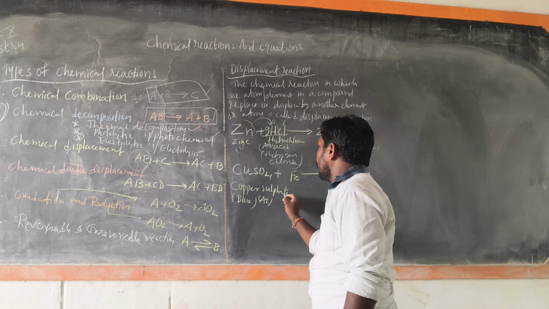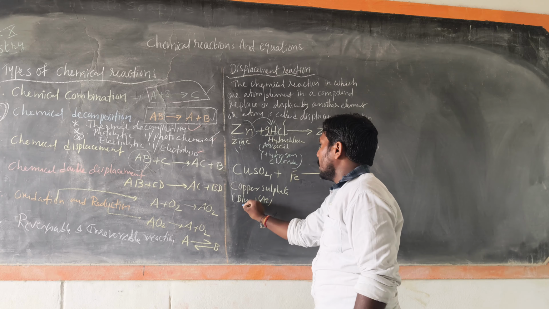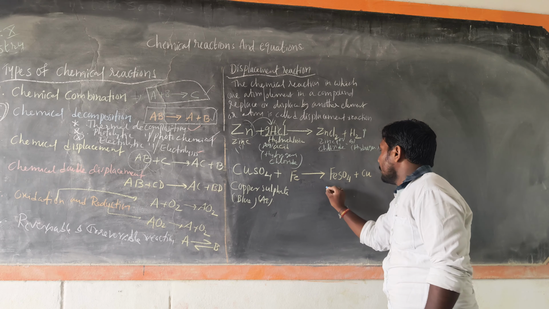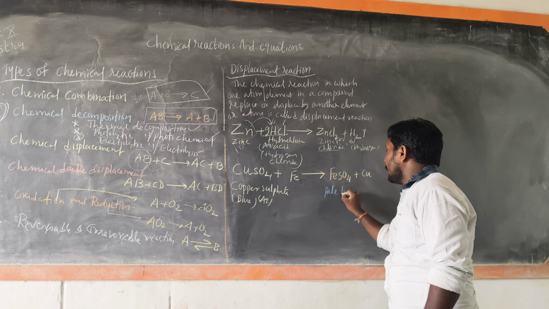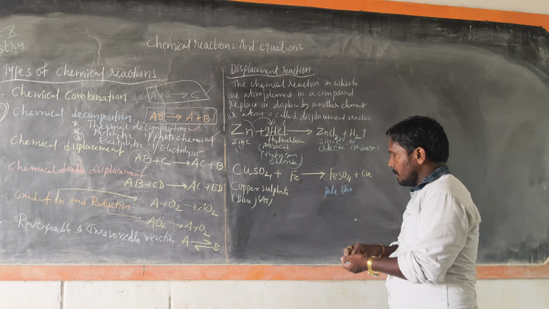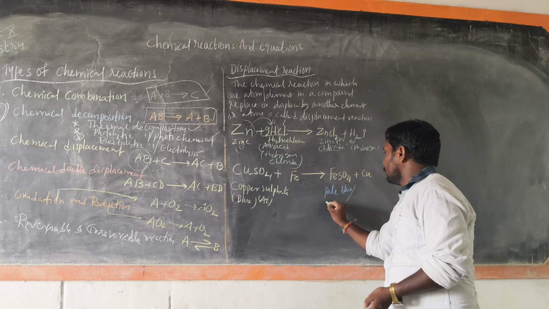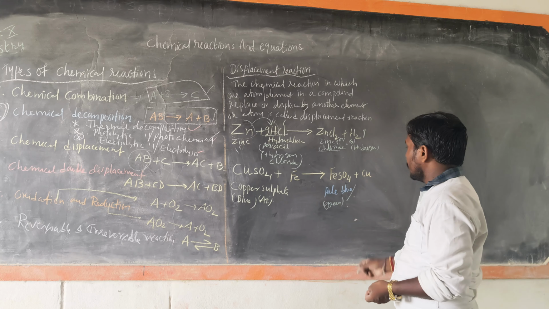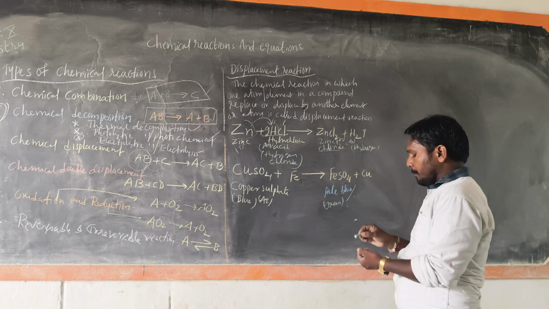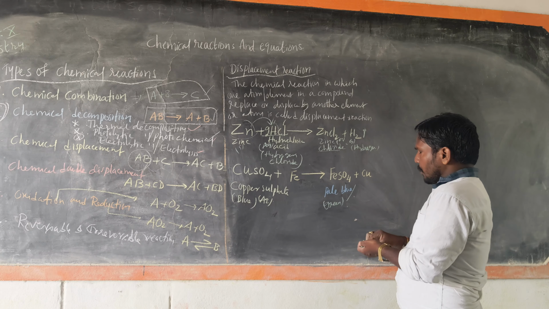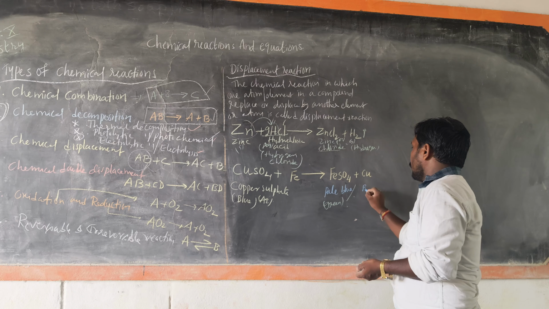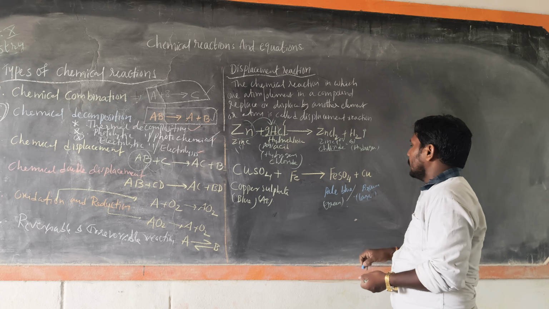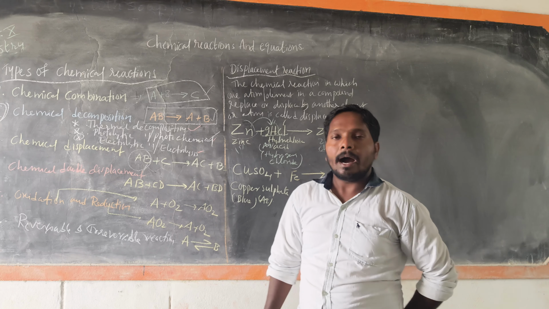So here the blue color copper sulfate solution changes into pale blue or green and forms copper. A brownish layer is formed on the iron.